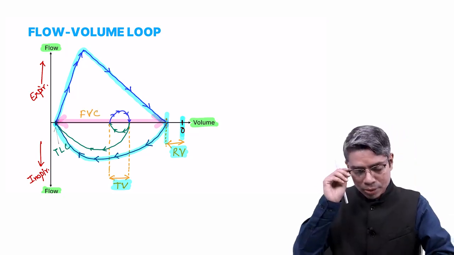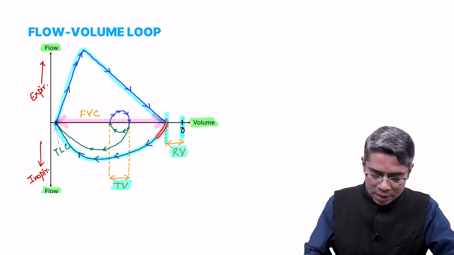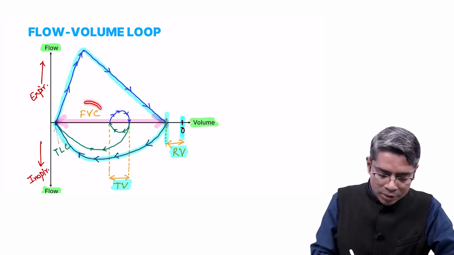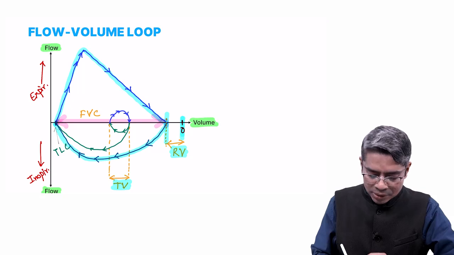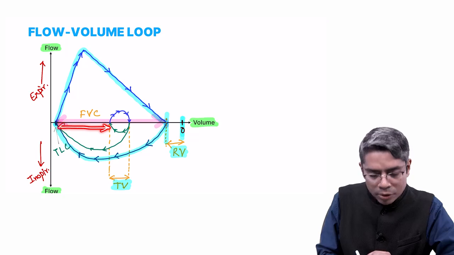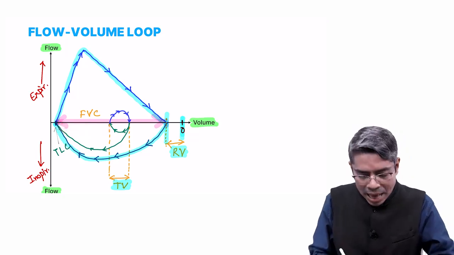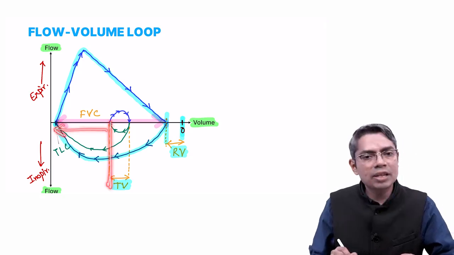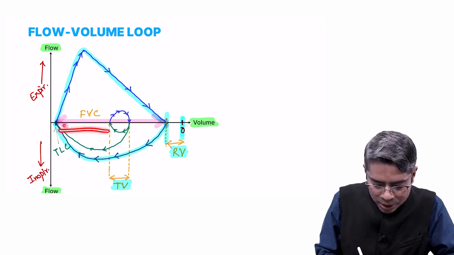Getting my point? So, that's why whenever you are plotting this flow volume loop, with the help of the flow volume loop you are going to get this forced vital capacity, you are going to get the tidal volume, you are also going to get the inspiratory reserve volume. Inspiratory reserve volume, what is that? Above this tidal volume, what is the extra amount of air that you are taking in?